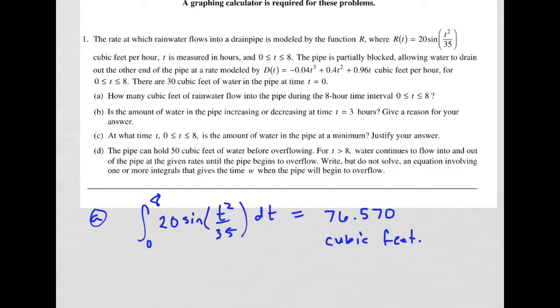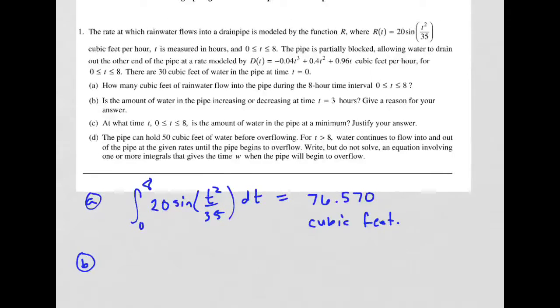All right. Part B: is the amount of water in the pipe increasing or decreasing at time T equals 3 hours? Give a reason for your answer. Well, we don't have a volume function, but we do have the derivative. If the volume is increasing, then the derivative should be positive.